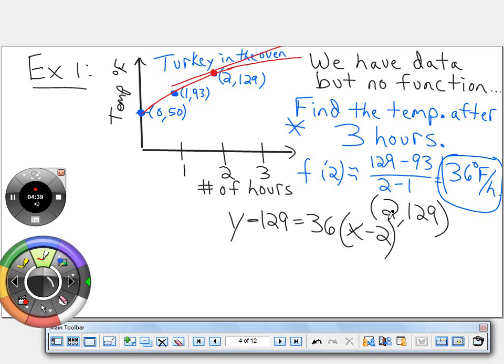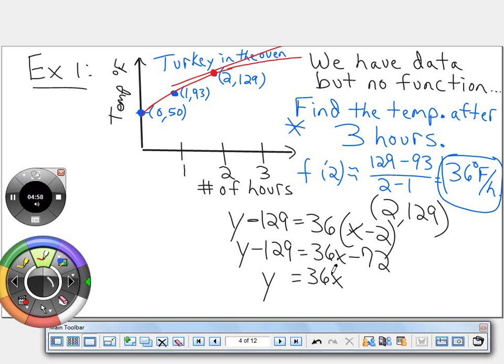And we can write this in a better form so that we can actually use it to make the prediction at 3 hours. So we have y minus 129 equals 36x minus 72. And then we'll add the 129 over there.